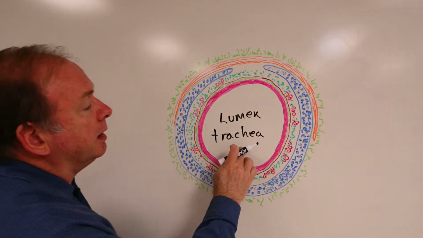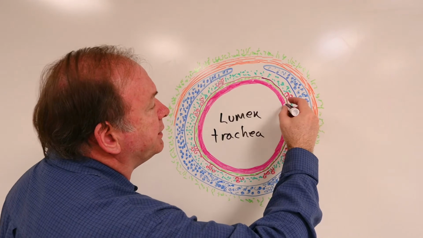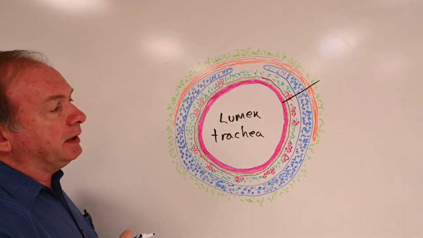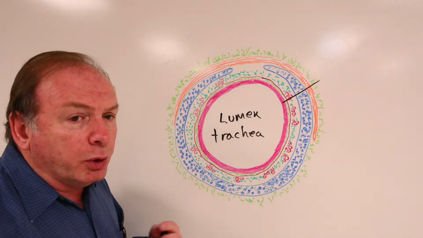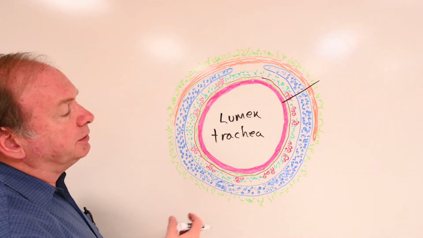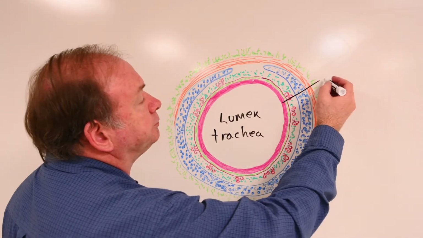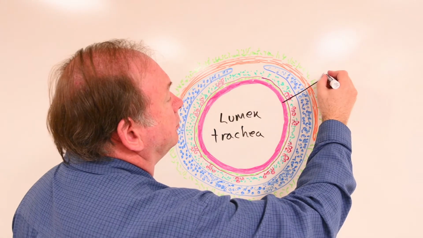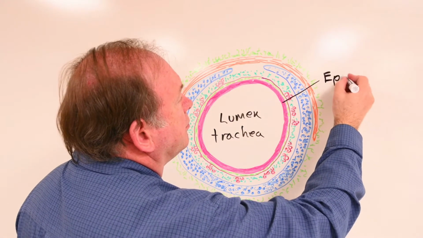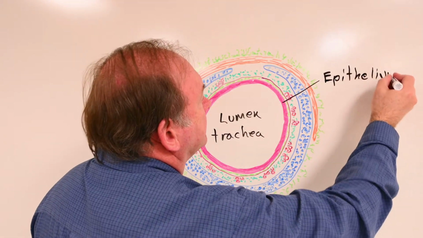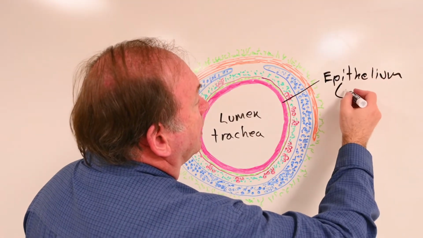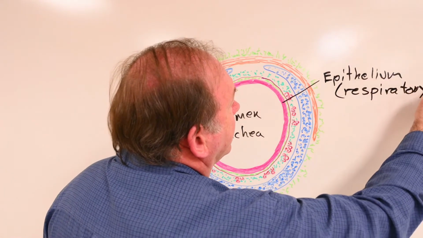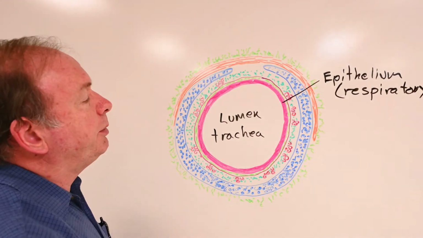Lumen of the trachea. The first layer of the tracheal wall is the epithelial layer. It's a pseudostratified ciliated columnar epithelium, and it also has mucus secreting cells called goblet cells in there as well. We'll just say it's respiratory epithelium.